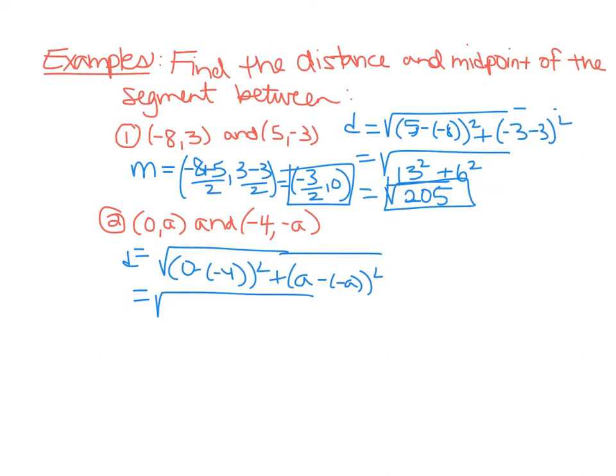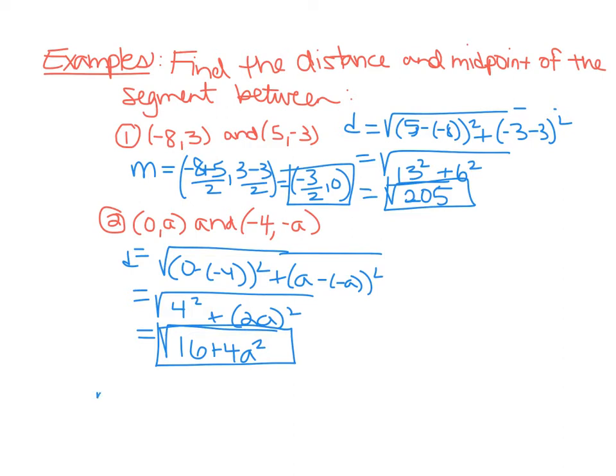So I end up getting the square root of 4 squared plus 2a squared. Be careful, make sure that you get that 2 in there. In the end, this ends up being the square root of 16 plus 4a squared. Be really careful on this problem. You cannot actually take the square root of that, so we're going to leave it in radical form.